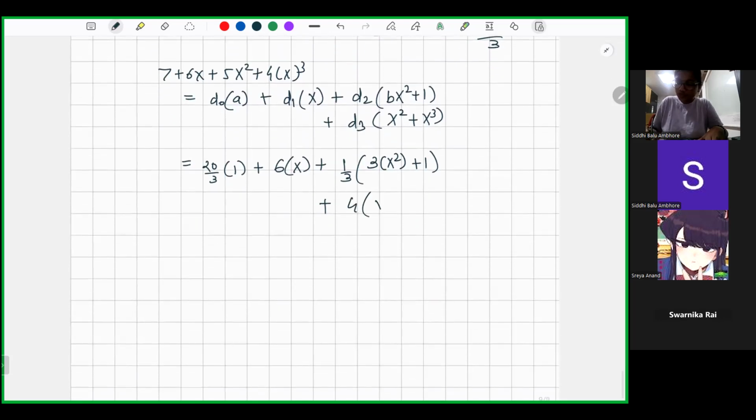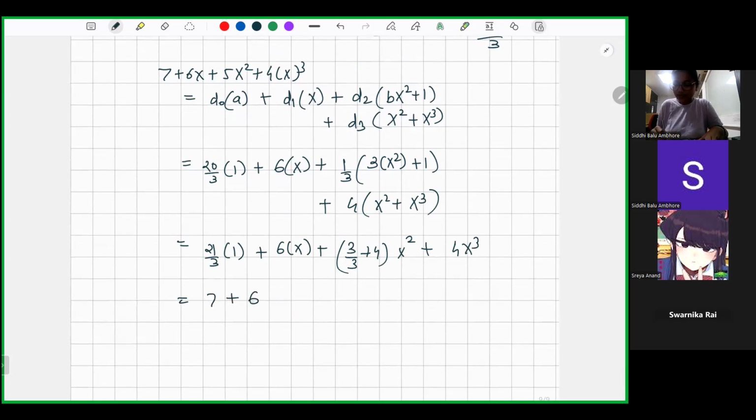So this is 4x square plus x cube. If you simplify this, the constant 1 by 3 is coming, so 21 by 3 into 1 plus 6x, plus 3 by 3 plus 4x square plus this 4x cube. And this is exactly my polynomial, 7 plus 6x plus 5x square plus 4x cube.